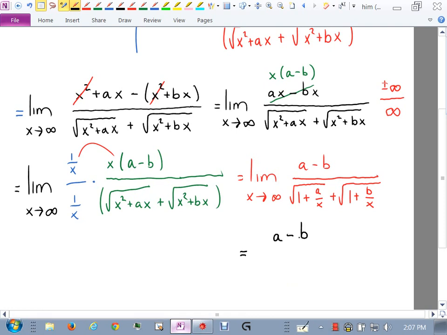Nope. The bottom? That goes to 0 there, a over x. b over x also goes to 0 because that's a fixed number over infinity. So we get the square root of 1 plus the square root of 1, which is 2. So the answer is a minus b over 2.